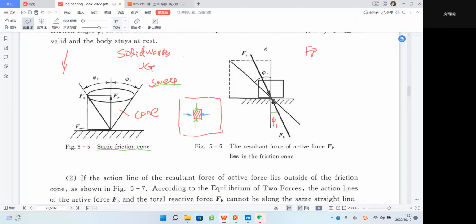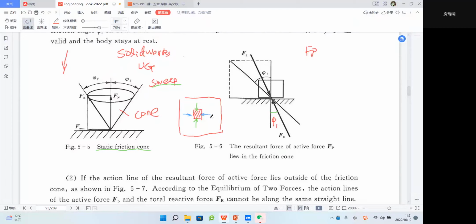So it's always in this cone, right? So we will have alpha like this. So if you can keep this active force's action line always inside this static friction cone, no matter how big the FP is, it will always be in the equilibrium condition.